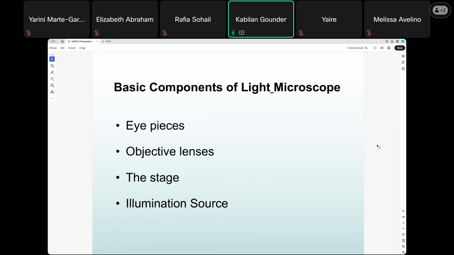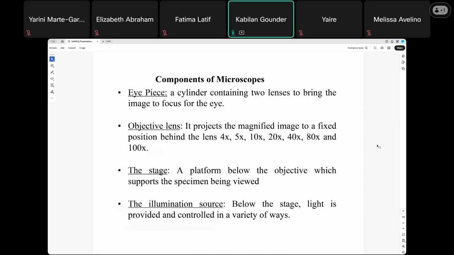So the eyepieces, objective lenses, the stage, and the illumination source are the important components. The eyepiece is a cylinder containing two lenses to bring the image to focus for the eye. We can also call the eyepiece the ocular lens. So you are able to see the image in focus with your eye.